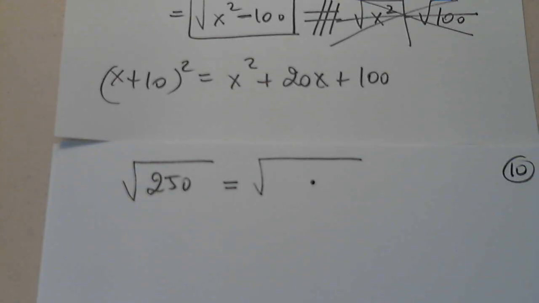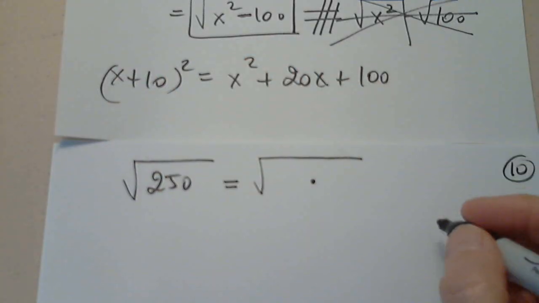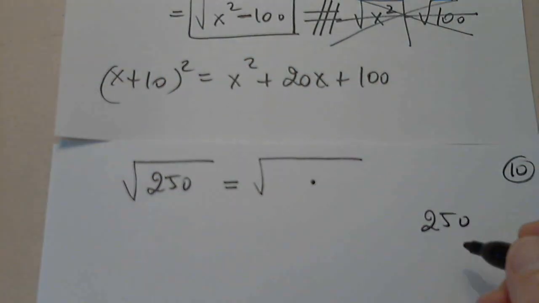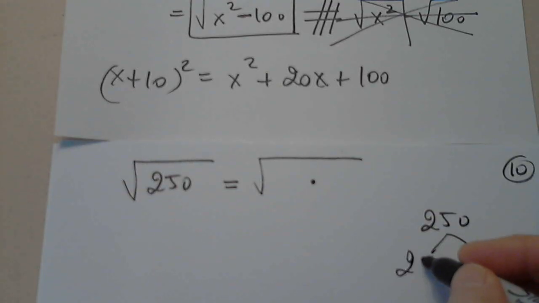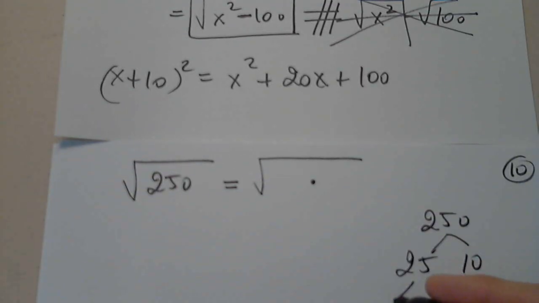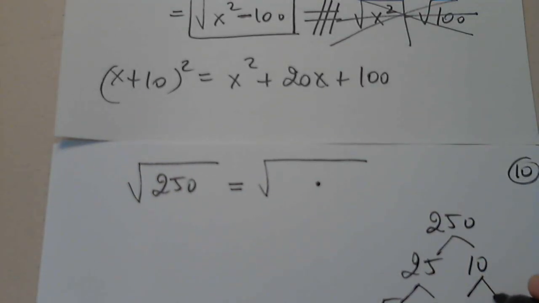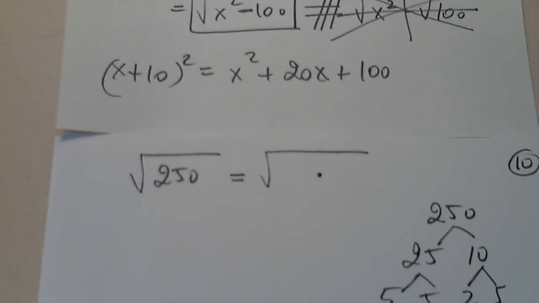Any suggestions? 15 and 5? 15 and 5 are not perfect squares, none. So we want a perfect square, and then the other one that is not. Let's take it on the side. You can write it first as 25 and 10 if that's easier. And this is 5 and 5, and this is 2 and 5.